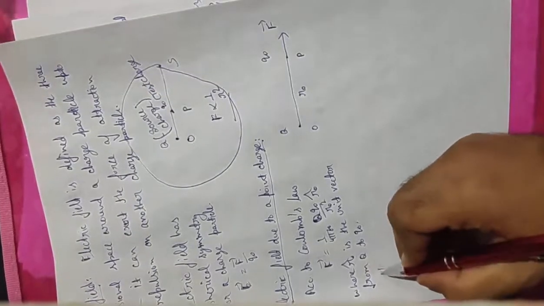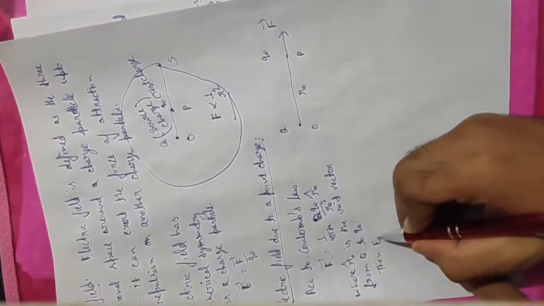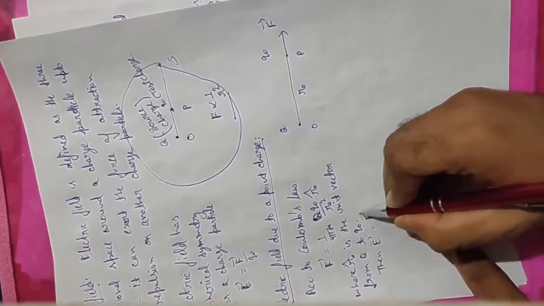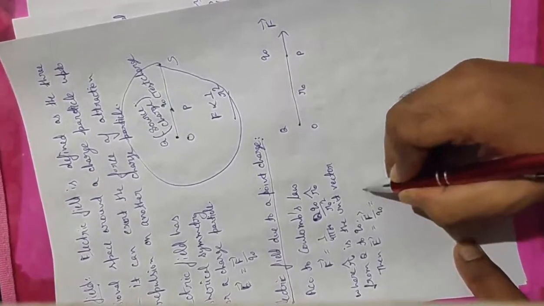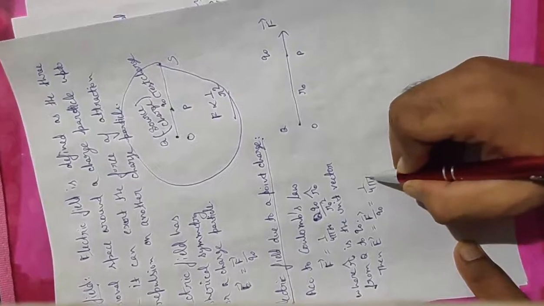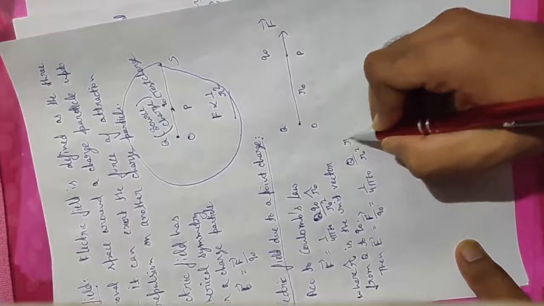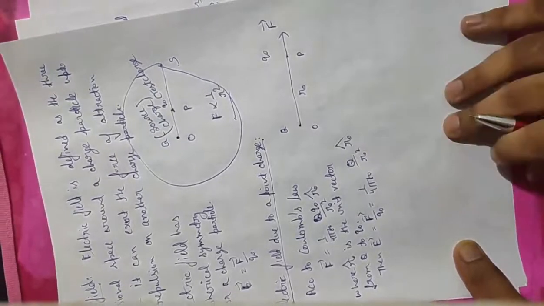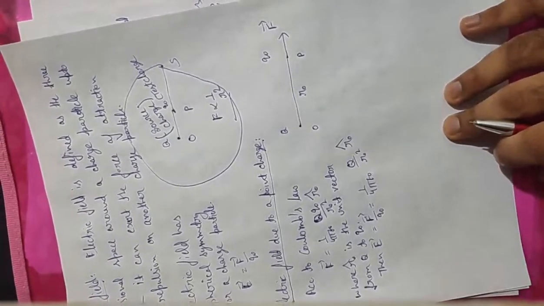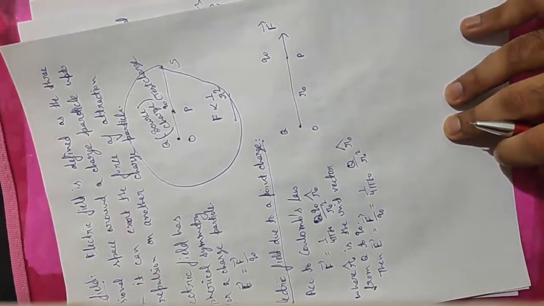Then E is equal to F by Q naught, which is equal to 1 by 4 pi epsilon naught Q divided by R naught square, R naught cap. You can represent the electric field due to a point charge in the vector form.